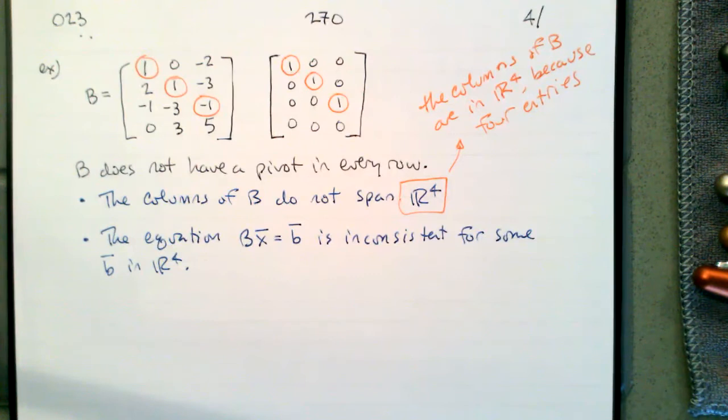So the equation Bx equals b is inconsistent for some b in R4 and consistent for others. The matrix equation will always be consistent for some of the vectors in R4 because the homogeneous equation is always consistent. You can never make an equation that's inconsistent for all b in R4.